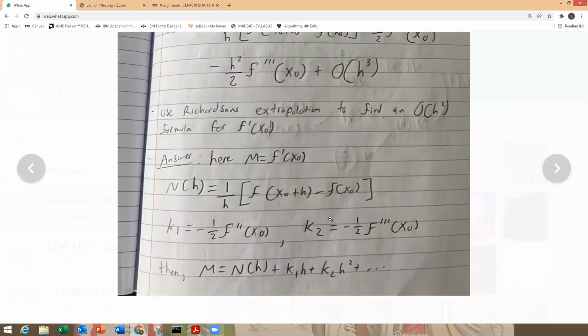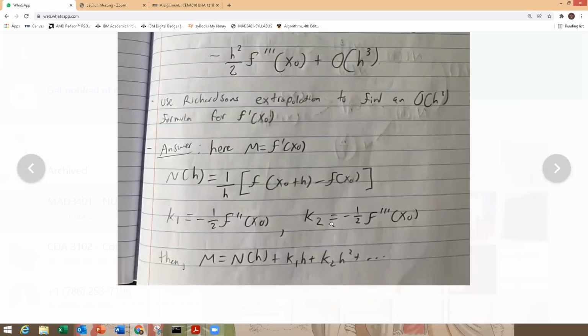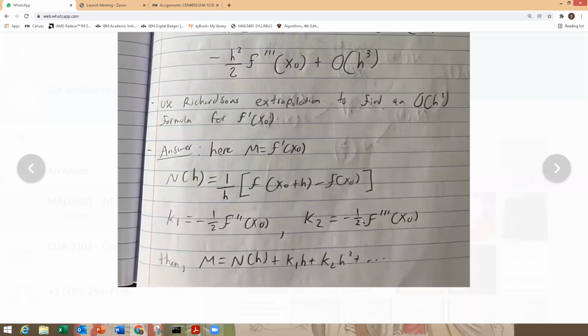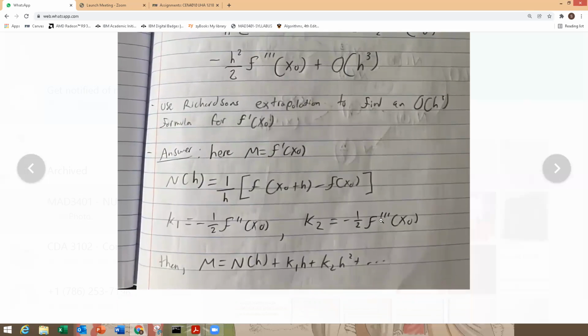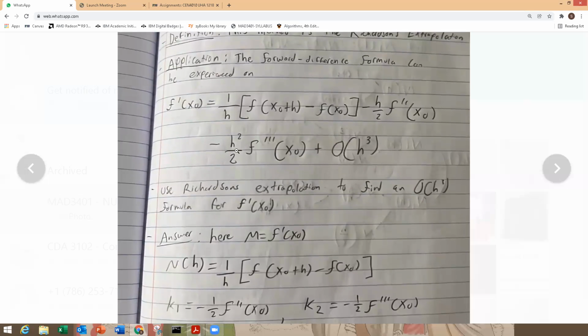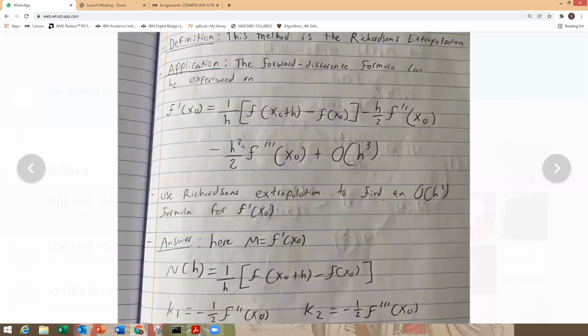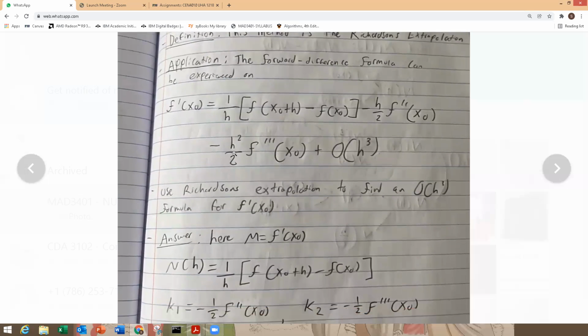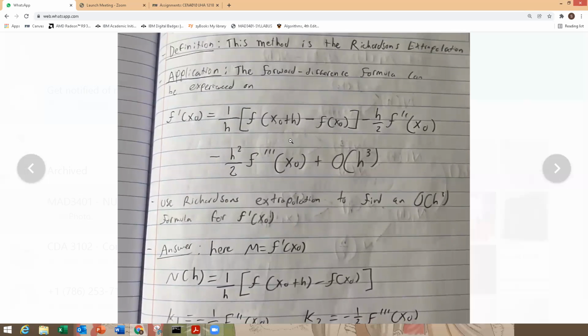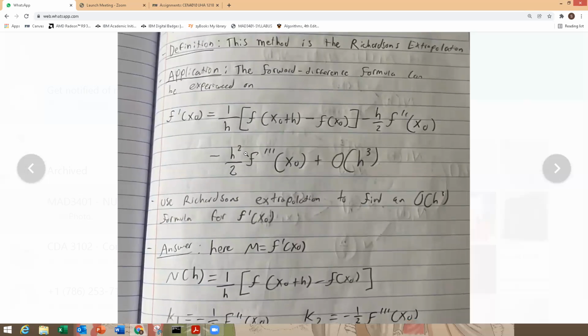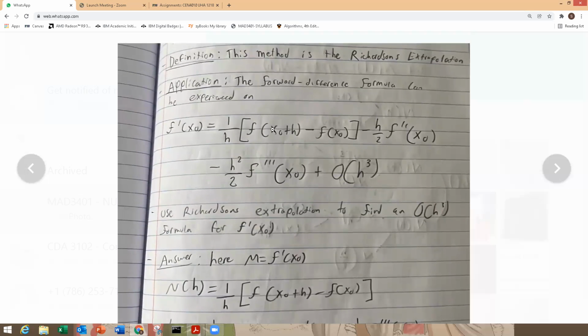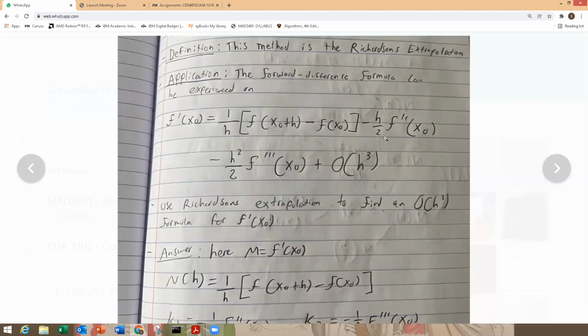Yeah. Now this one is K2. It equals negative 1 over 2 f triple prime of X naught. Again, this should be K2 times H squared. So that's why you do H squared over 2, right? So basically, we're just breaking it down, right? So what does N equal? N equals this first block, right? What does K1 equal?